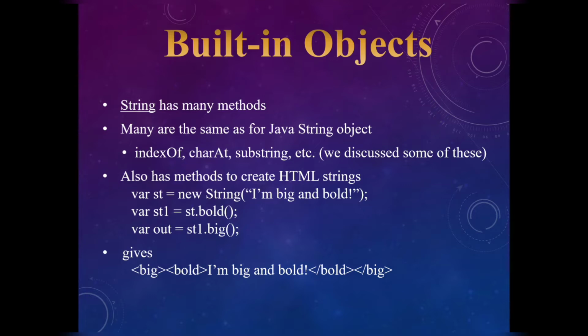Next, the charAt method returns the character at a specified index position in a string. Here we give the index, and it gives the result of which character is at that specified index.